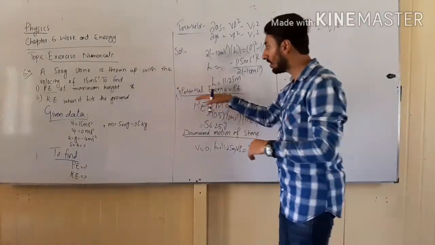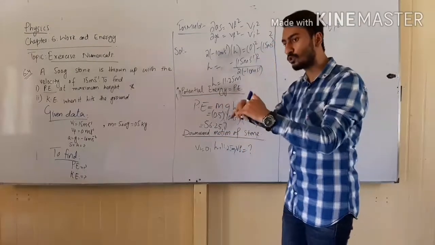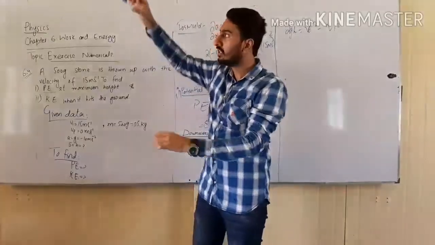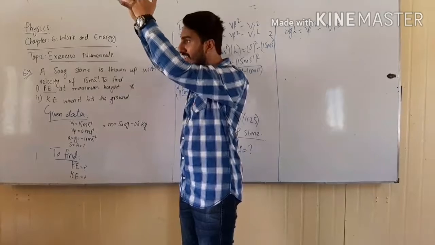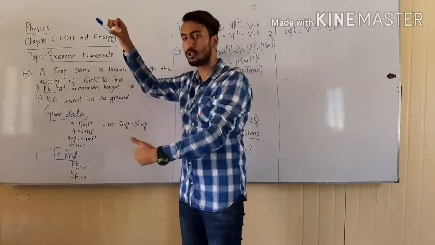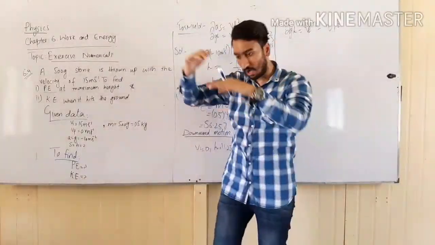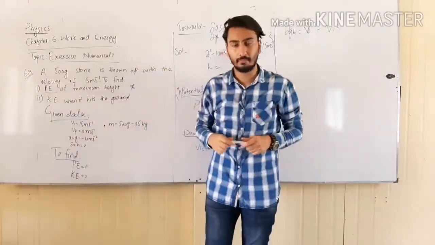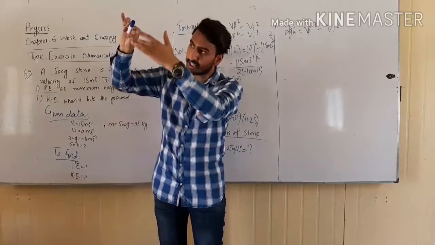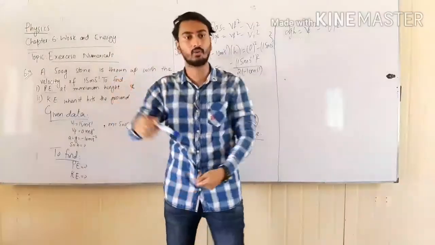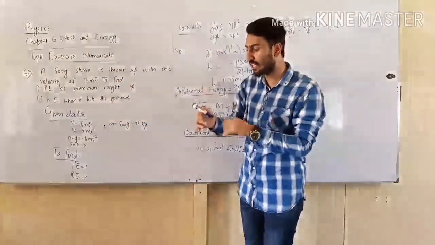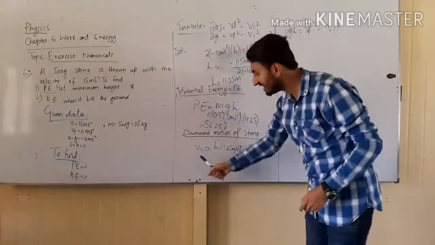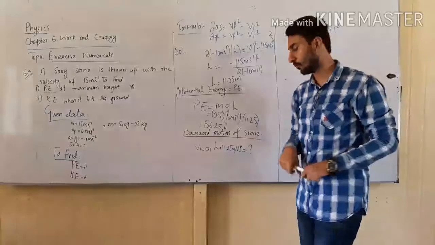But now I am calculating downward motion. So before coming down, it stops. So when I am considering the downward motion, its initial velocity is 0 because now this object is coming down. So in this case, its initial velocity is 0.